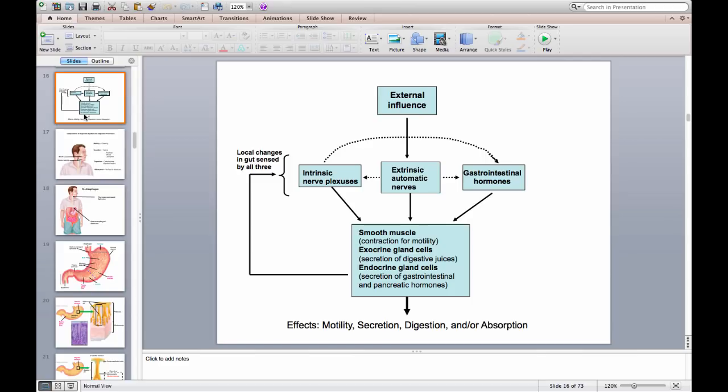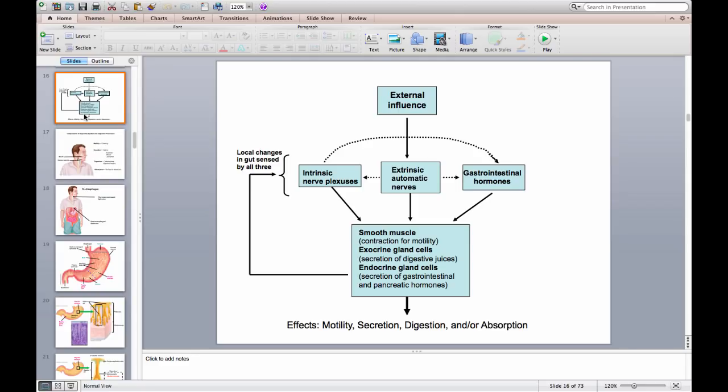In terms of the targets, what we're talking about is the control of the smooth muscle in the gut, which controls motility, the exocrine glands, which control the production of digestive juices and enzymes, and the endocrine cells, which control the production of GI hormones. Okay?